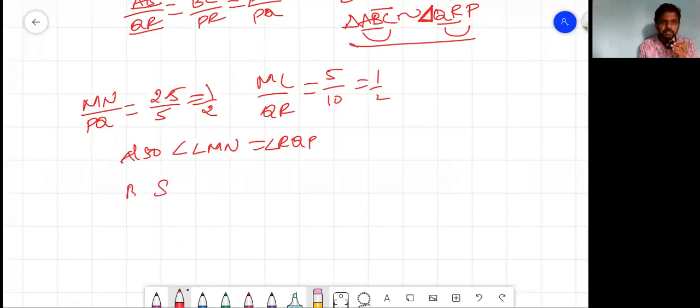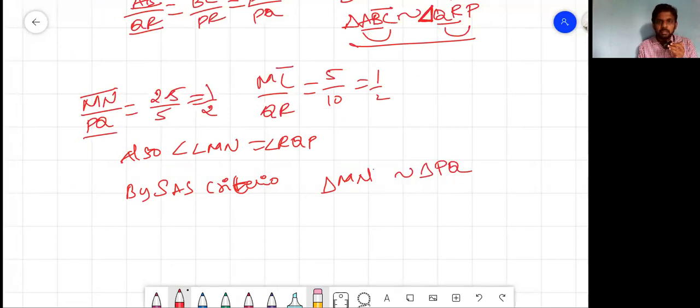So by the SAS criterion, what are the triangles you can use? Triangle MN, PQ. So M and L, the third letter is L, the third letter is R here.